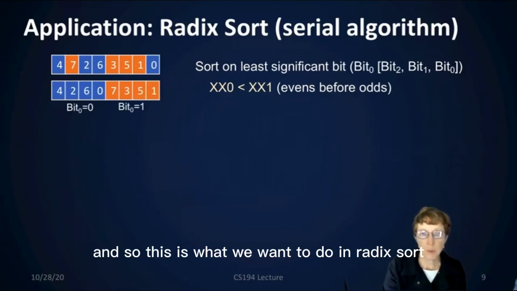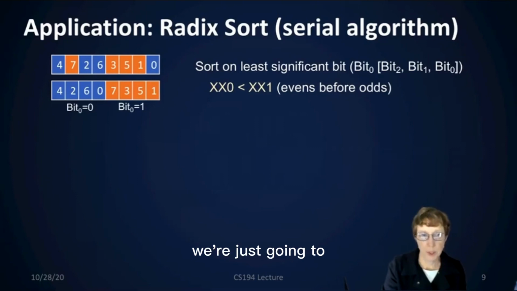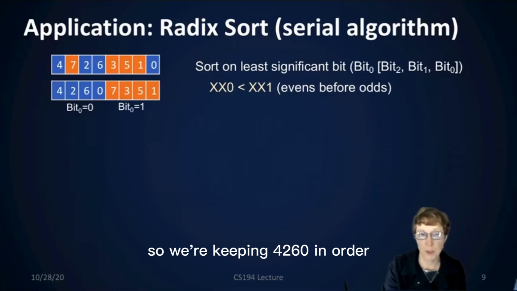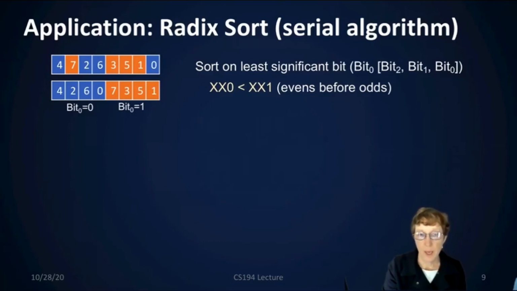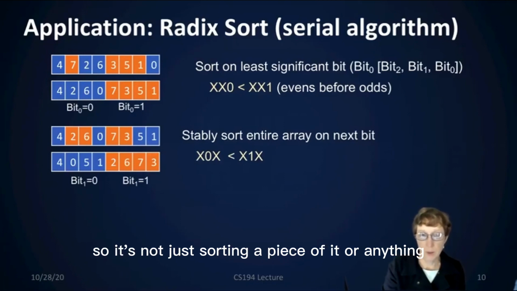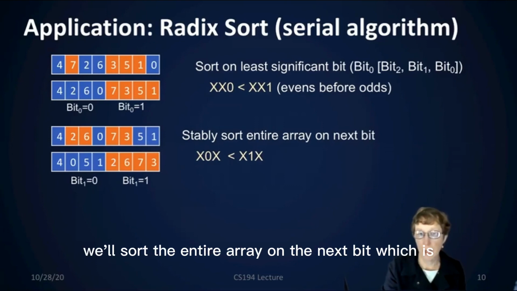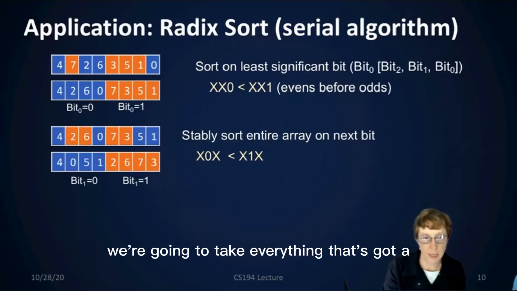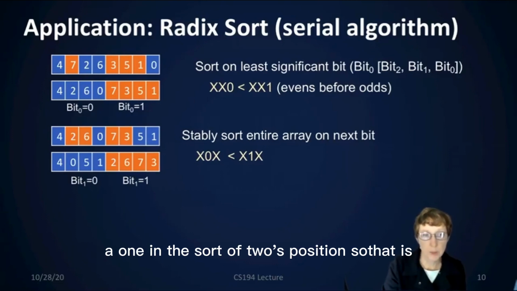This is what we want to do in radix sort, and notice that we're doing a stable sort. We're keeping 4, 2, 6, 0 in order, and then we're keeping 7, 3, 5, 1 in order. Next we sort the entire array again, not just a piece of it, on the next bit, which is bit 1. We take everything that's got a 1 in the 2's position.